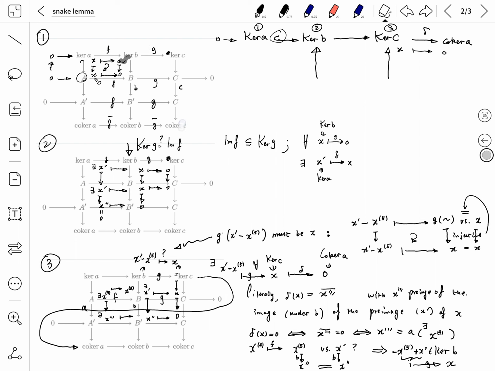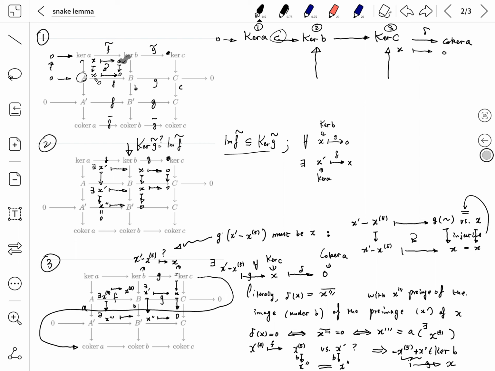Let's call them f bar and g tilde, f tilde and g tilde. Okay. So we now have to check that the image of f tilde equals the kernel of g tilde. Basically, this is always true.